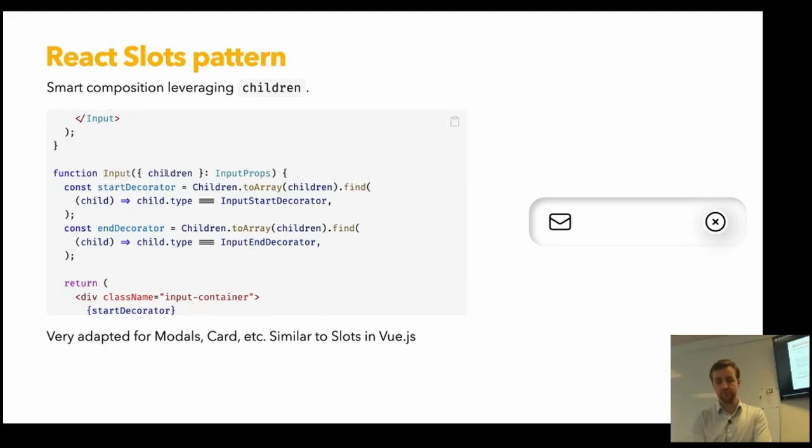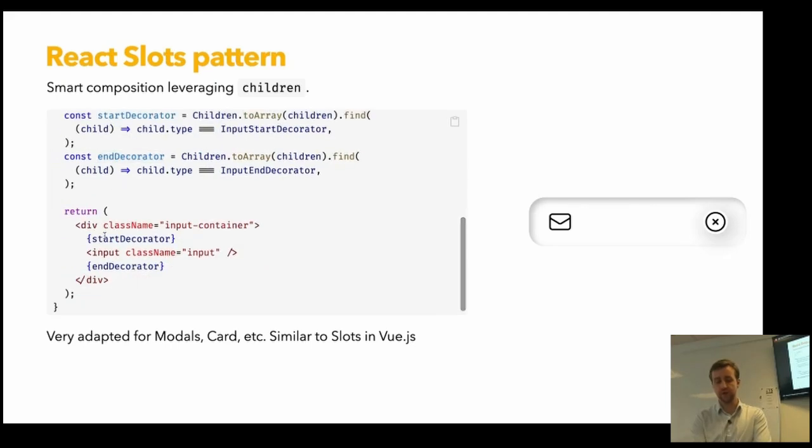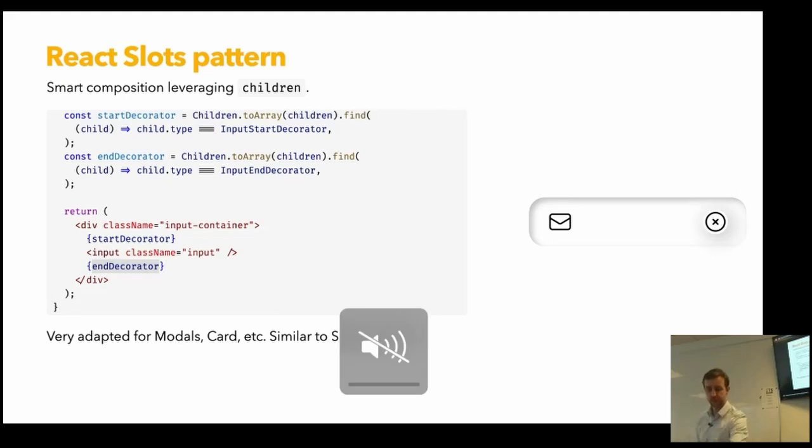After that, in your input, you get the children, and you are able to extract from the children what is a start decorator and an end decorator, and I put them wherever I want. This pattern is mostly used in modals, cards, and other components that are really based on the DOM.